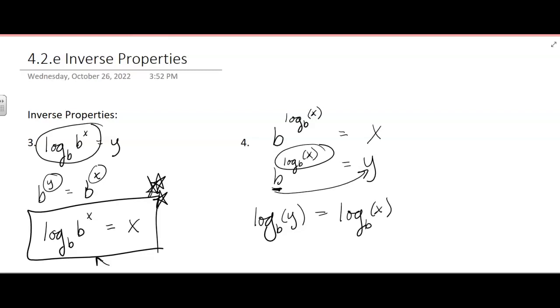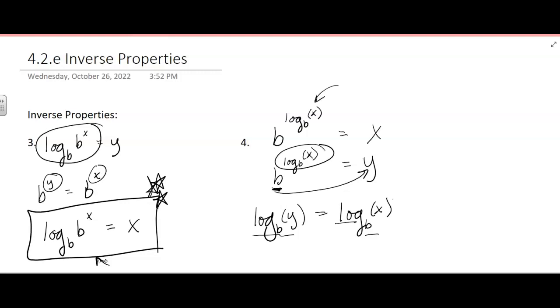Think about it for a minute. If the log is the same and the base is the same, then the arguments have to be equal if they're going to be equal to each other. So that's what's happening here. You're raising it to some power that you're taking the logarithm of, and so it's just going to equal the argument.